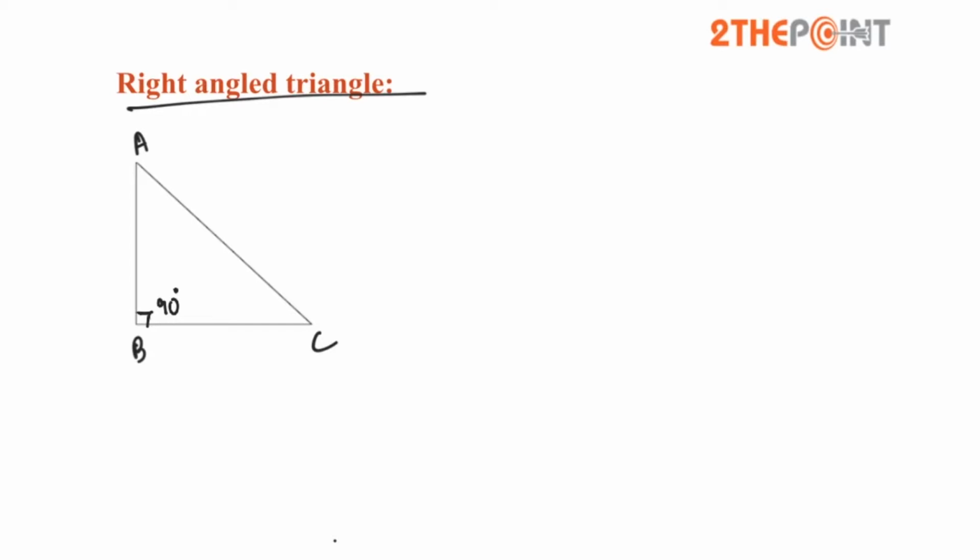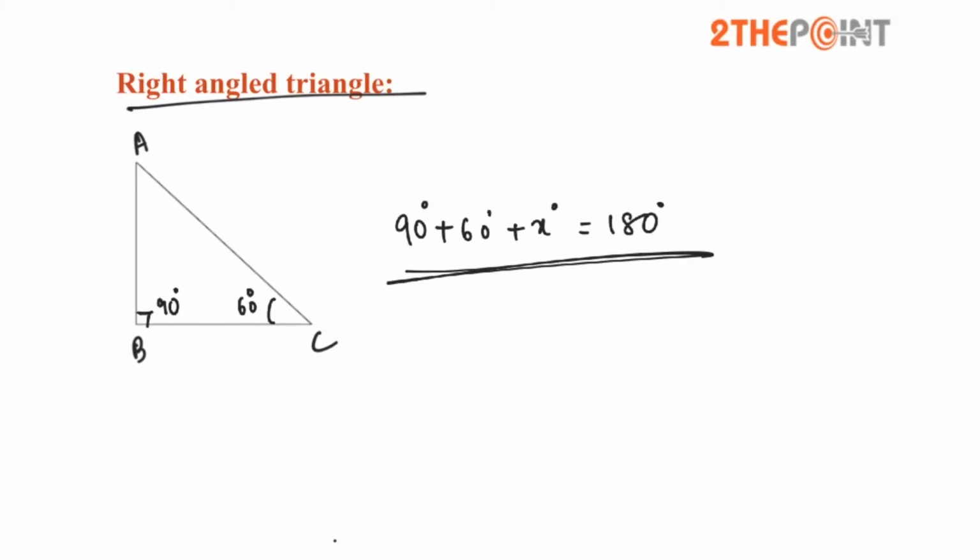Therefore, if we consider the other angle as 60 degree and the third as x, then 90 degree plus 60 degree plus x degree is equal to 180 degree. I have already told you that the sum of all the angles in a triangle should be 180 degree, and therefore x is equal to 30 degree, and the other angle is 30 degree here.